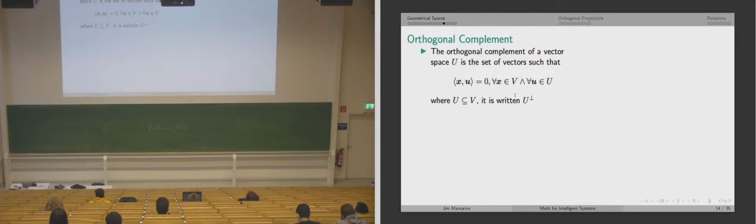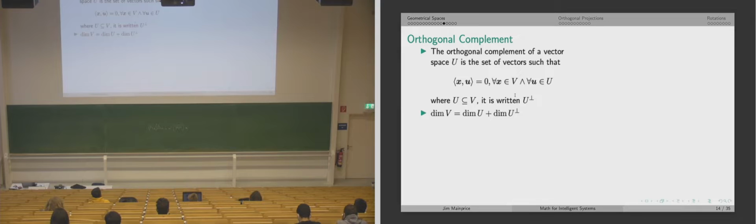So the orthogonal complement of U is going to be all the vectors that have 0 inner product with the vectors of U. U has to be a subvector space of V, and the complement is written U-perp, for orthogonal.